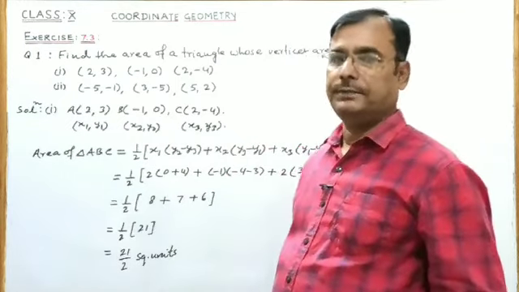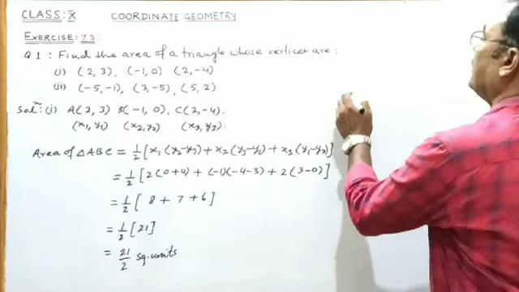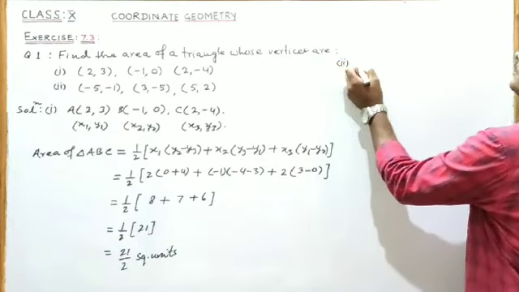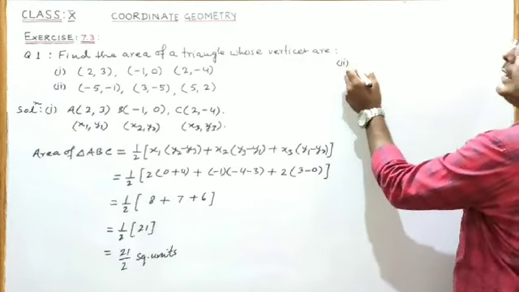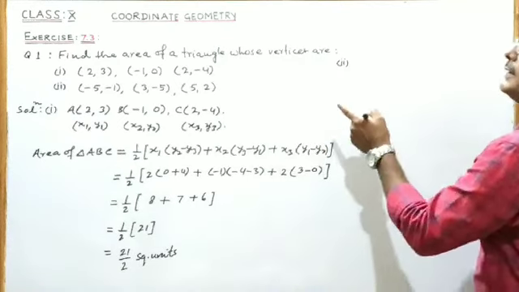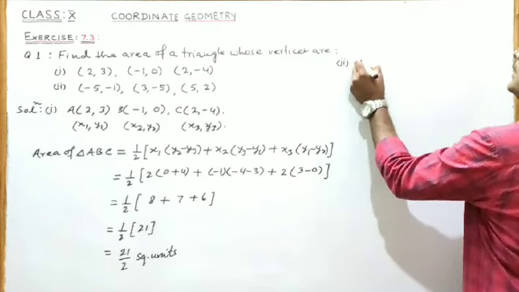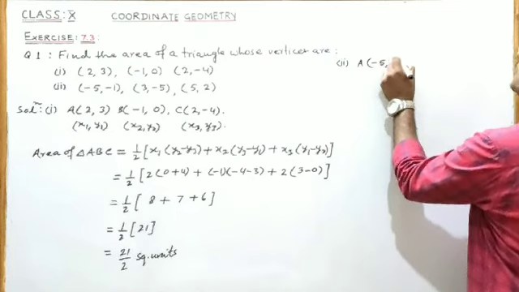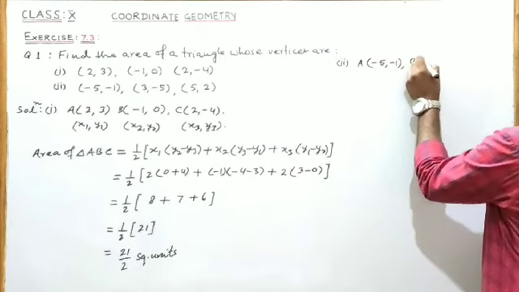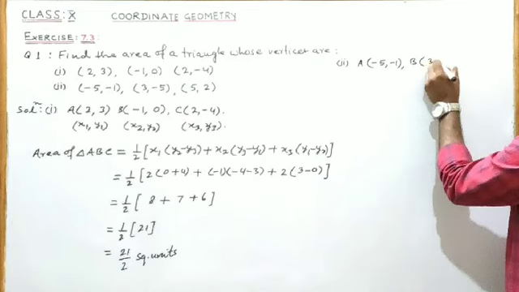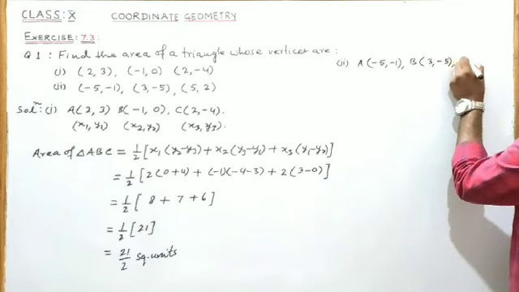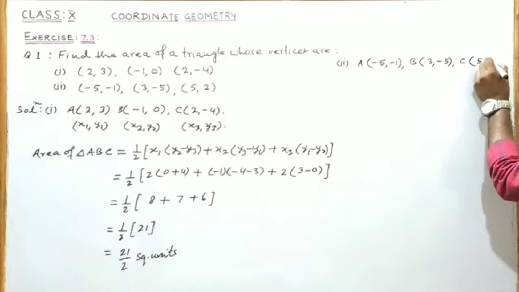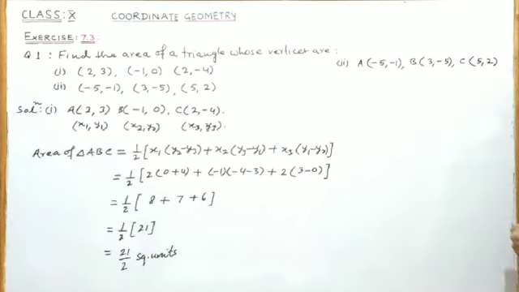Now second part. Let the coordinates of three vertices in this part be A minus 5, minus 1, B 3, minus 5 and C 5, 2. Three vertices of the triangle.